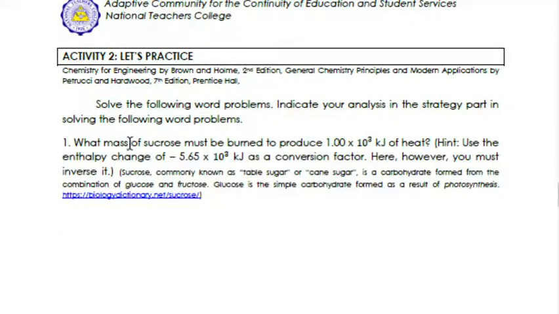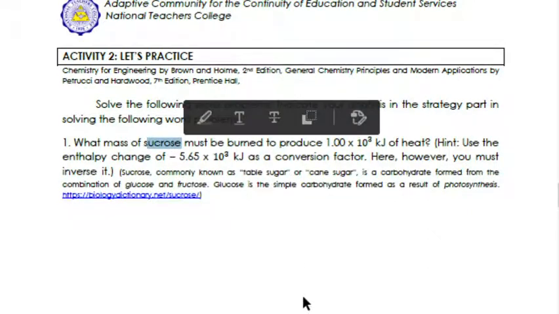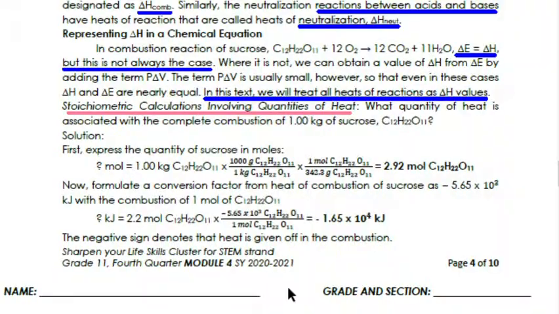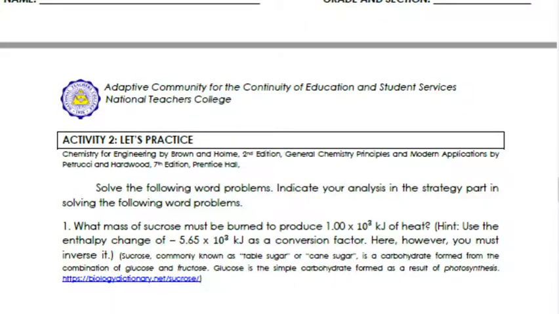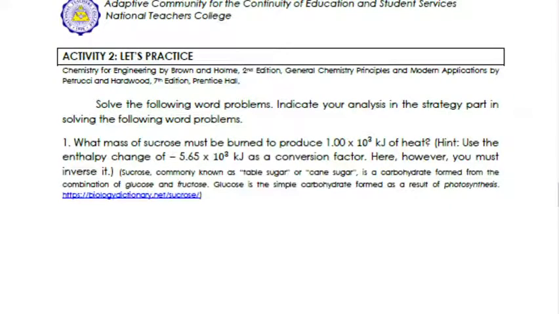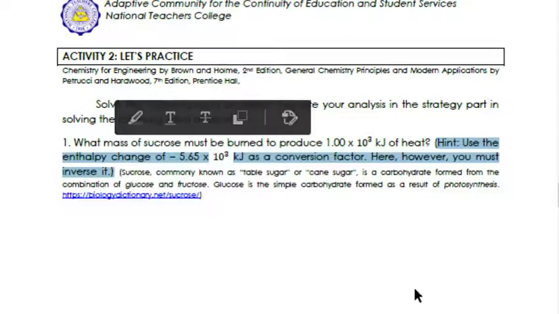Since the given here is also sucrose, you can use the equation given here in readings 1 if you need to analyze it with a chemical equation. There's a hint: use the enthalpy change as conversion factor, but it is in reverse method.